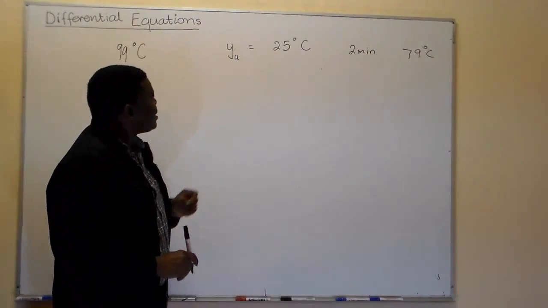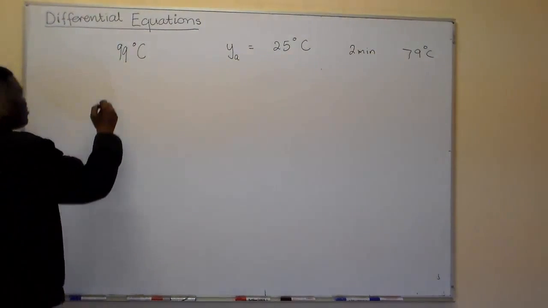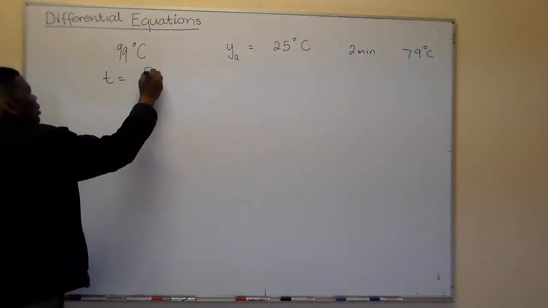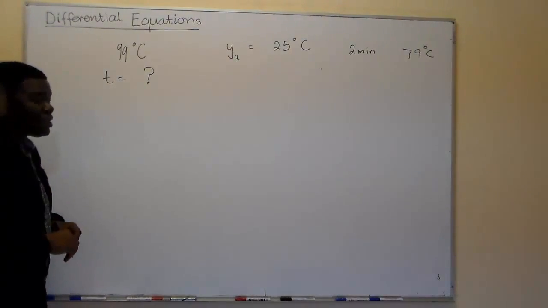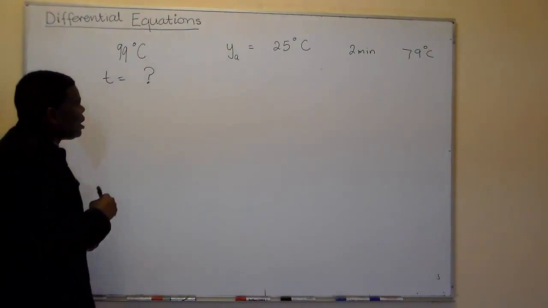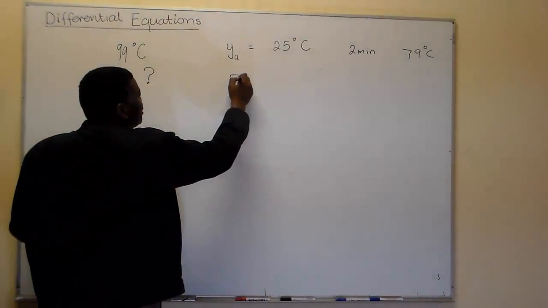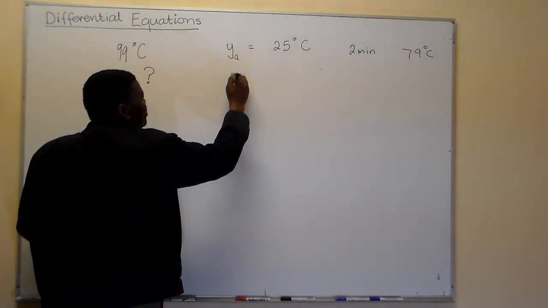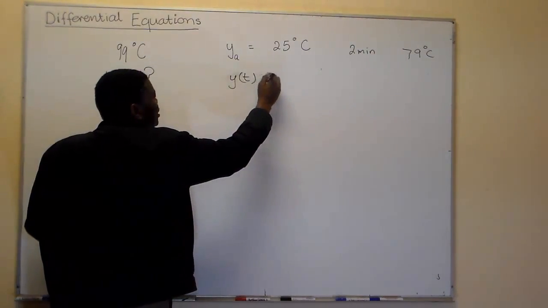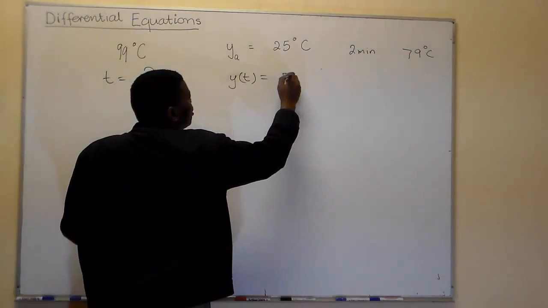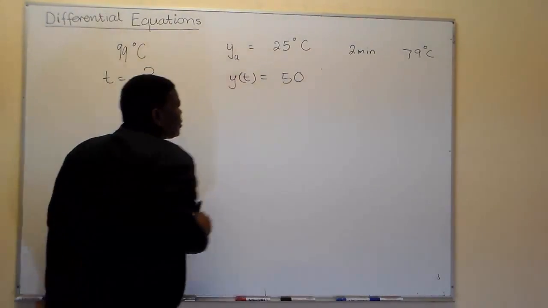So to answer the question, at what time t is the temperature going to be 50 degrees? In other words, at what time t is y of t equal to 50?